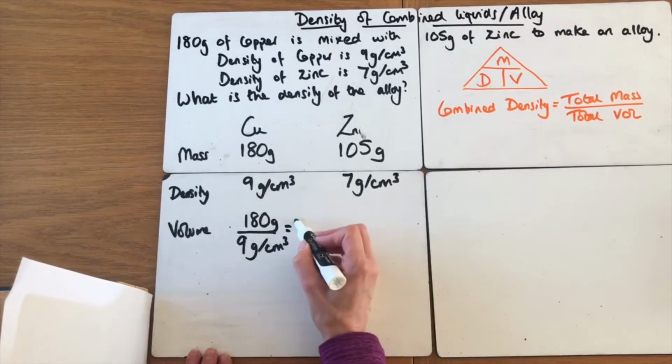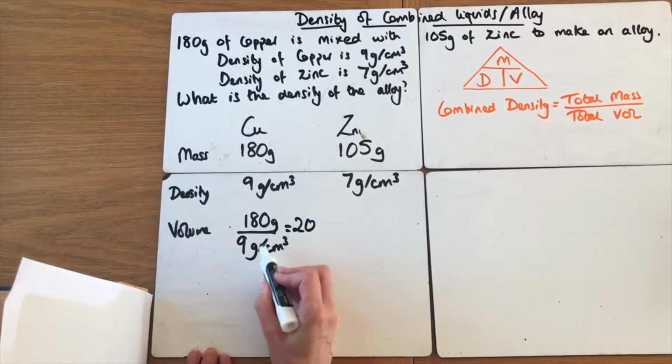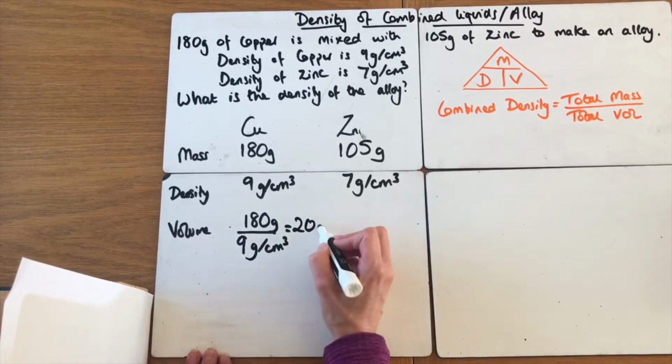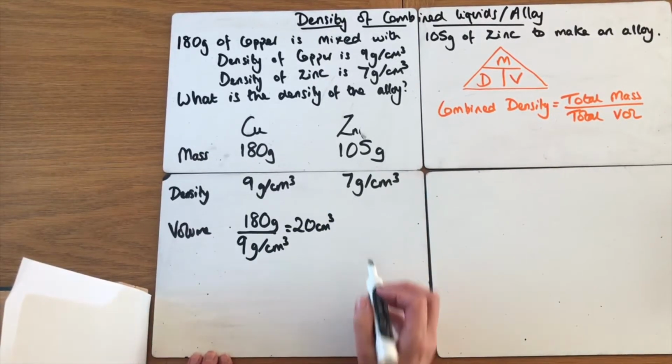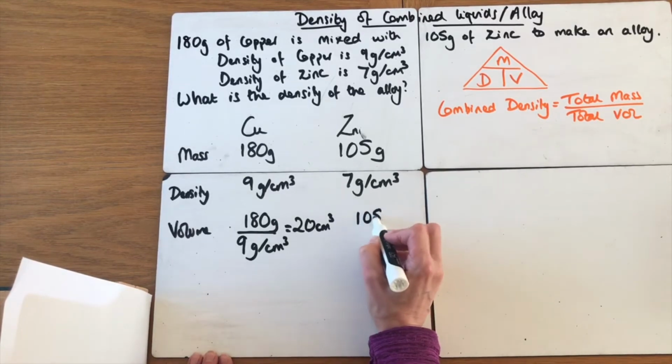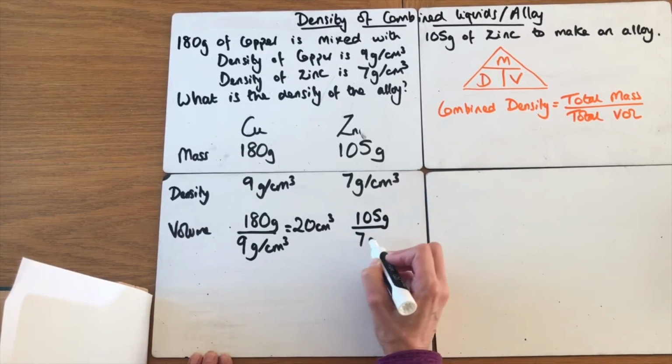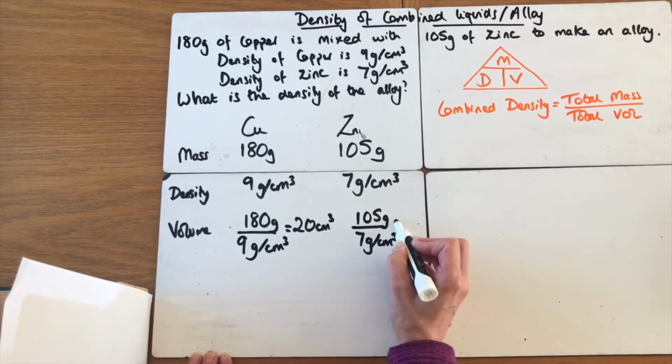180 divided by 9 is 20, and because my density is grams per centimetre cubed, my volume is in centimetre cubed. If we do the same for the zinc, we need to do the mass of the zinc, which is 105 grams, divided by the density of the zinc, which is 7 grams per centimetre cubed.